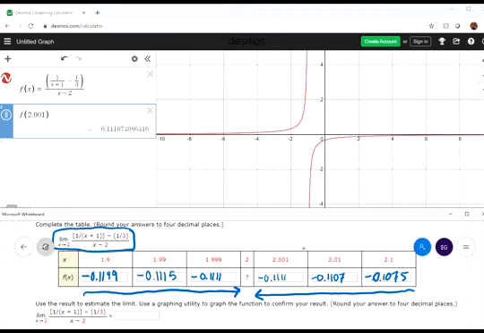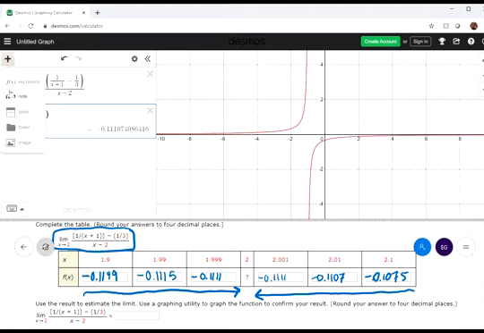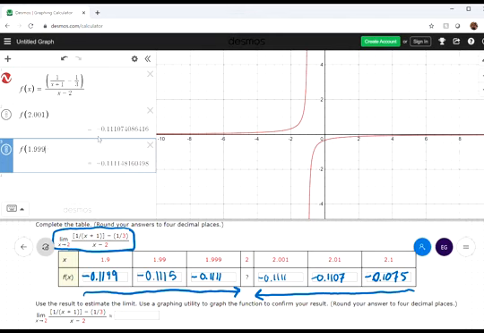Now, it's not the exact same negative 0.1111. So let's go ahead and plug in f of 1.999. So see, they're slightly different. If we round to 4 decimal places, they both round to the same negative 0.1111, but they're still slightly different.